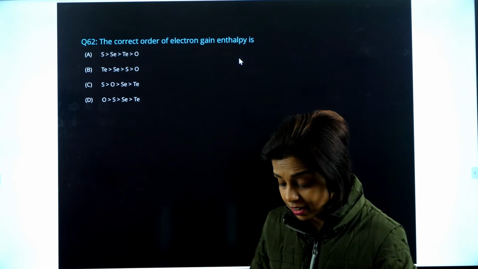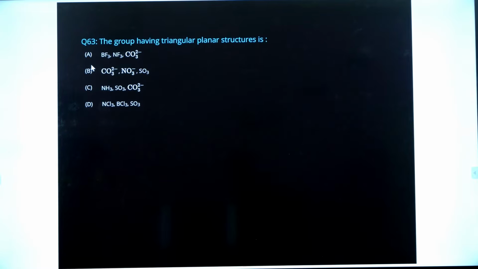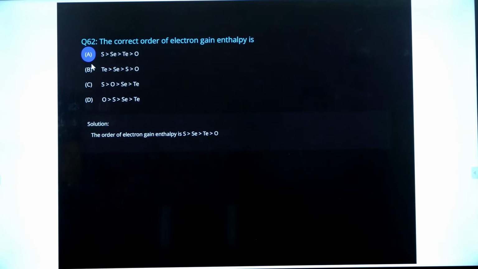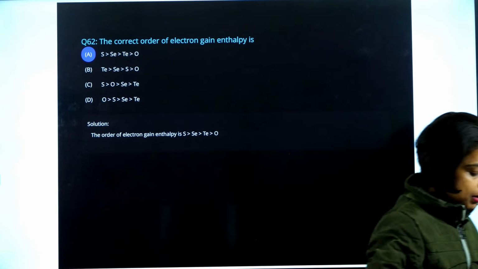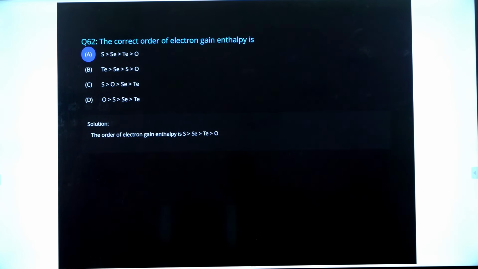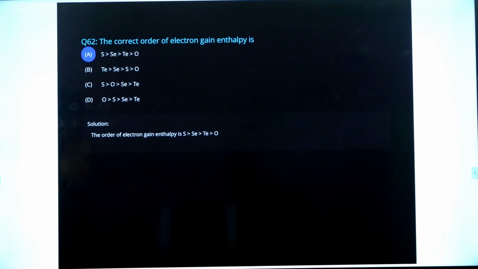So the electron gain enthalpy of oxygen is very low, even less than all the other elements of the group, so it is at the end. Very important exceptional case, everyone, and you should know all these exceptions really well, guys. Done? Yes. Okay, let's see the next question now.